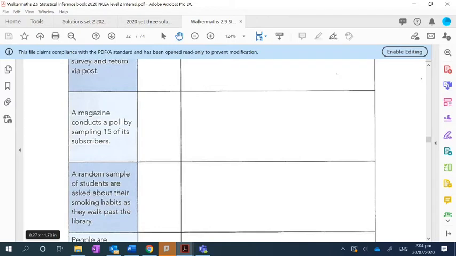A random sample of students are asked about their smoking habits as they walk past the library. Anything wrong with that one? They're less likely to be honest if they're out in public. They might not want to say that they smoke if they think their parents are nearby, and they don't want to get in trouble. Are you going to tell people at school that you smoke? Well, you might. It depends on who's asking the question.